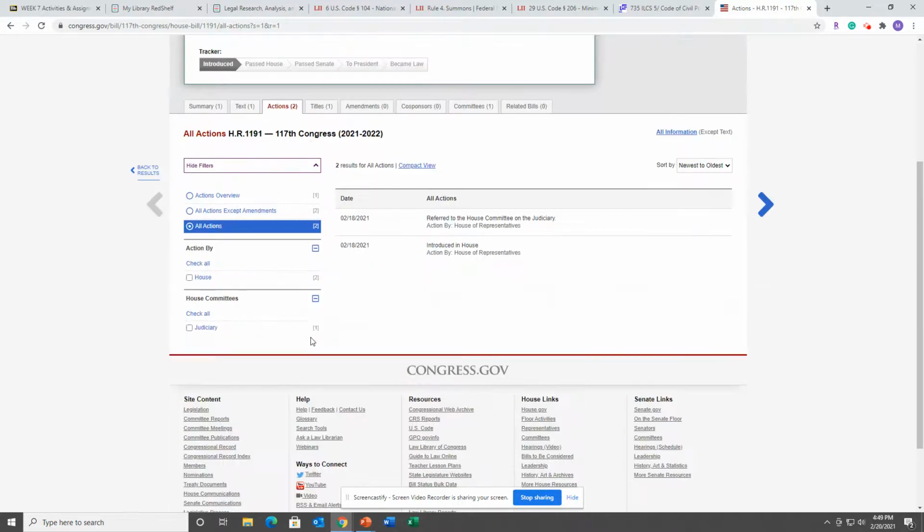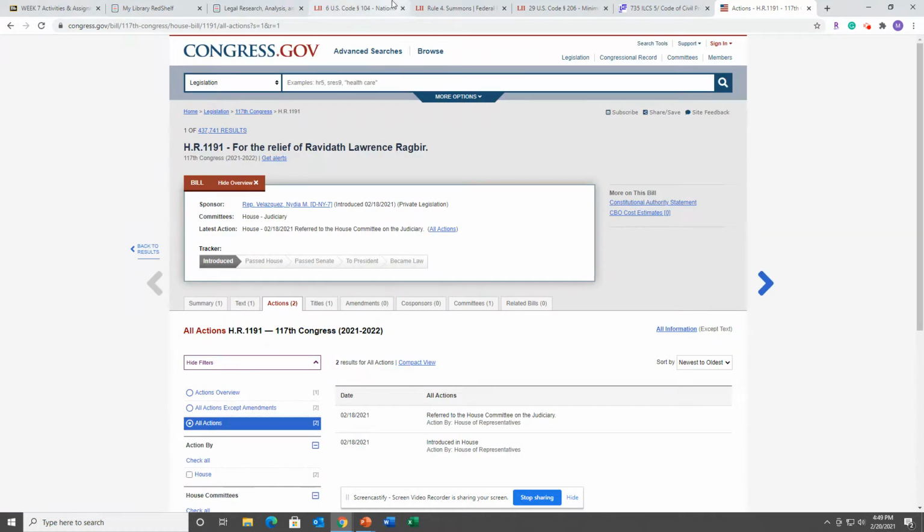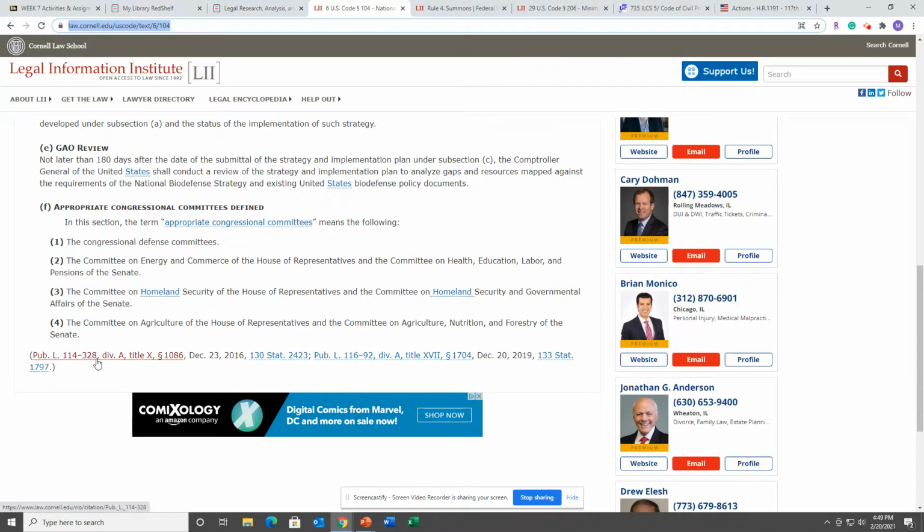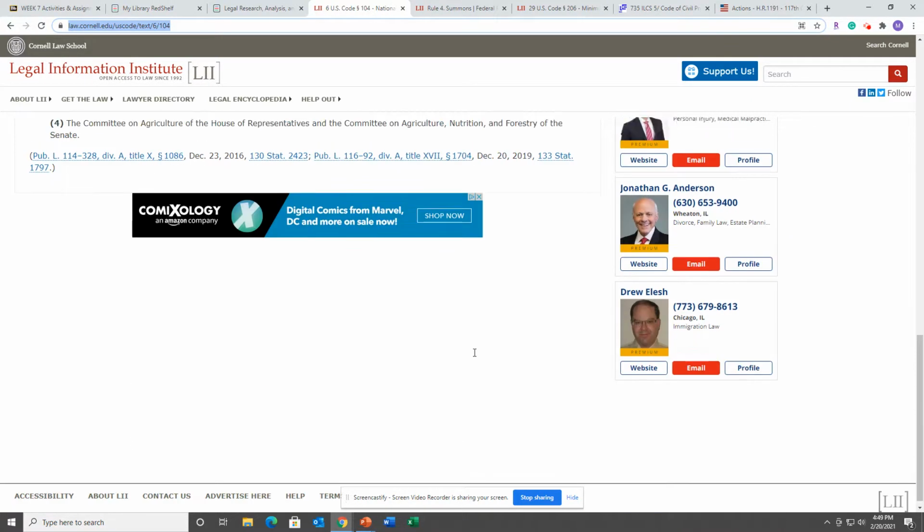So that's all that's gone on there. And at the end, this is the public law number, and that was December 23rd. It was passed. This here would be when it was amended. So it's a little bit of help there.